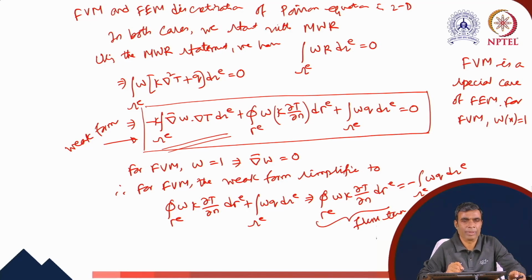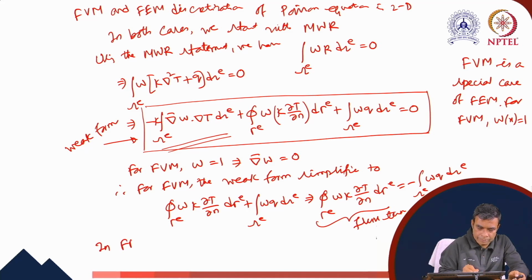Because of this term, the finite element method generates the matrix from gradient of W dot gradient of T term, or the diffusion term. Finite volume method generates the coefficient matrix from the flux term. So in finite element method, this term is present.